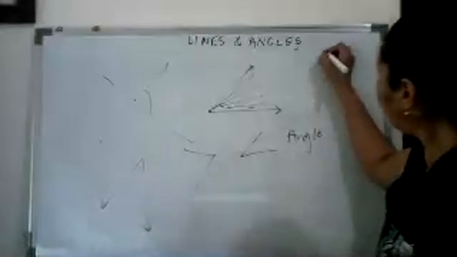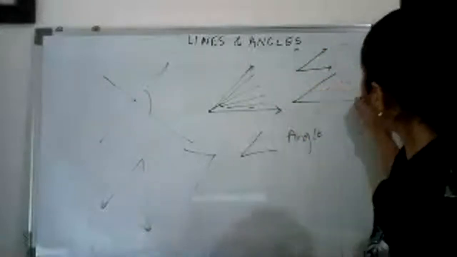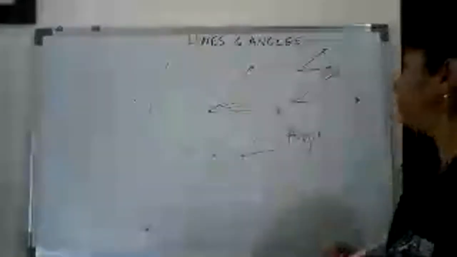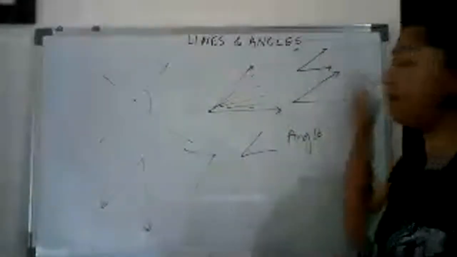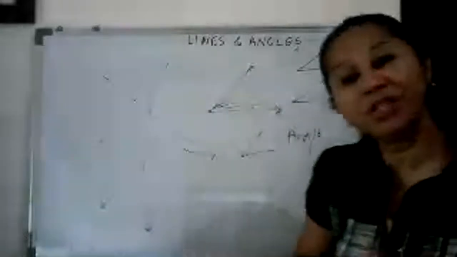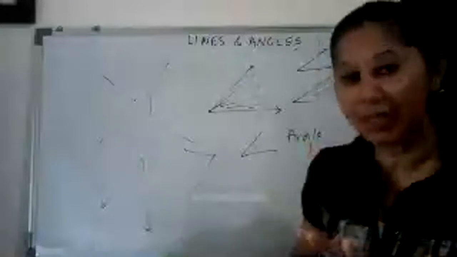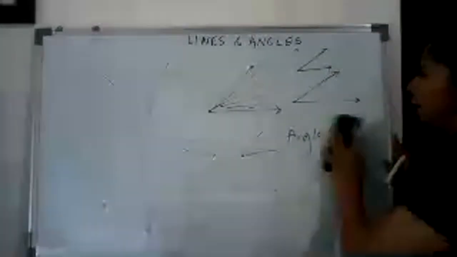So would you like to say this angle and this angle, what is the difference between the two? It would be the same. And how do you measure the angle? With the degree. It's not with the length. So many times it happens in the lower classes, children see like this.